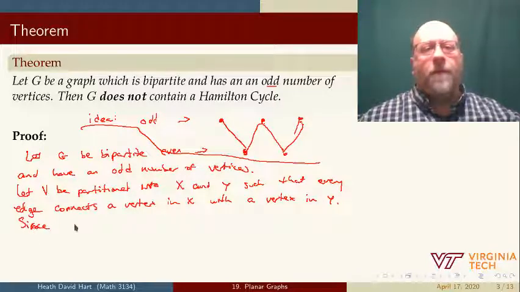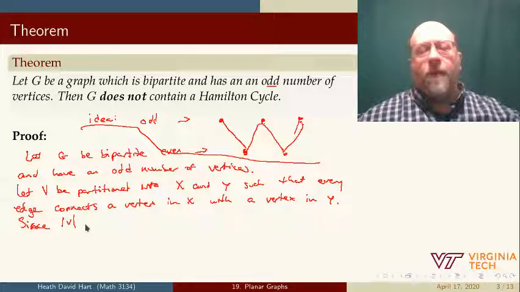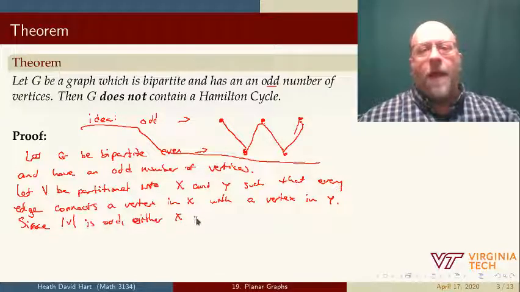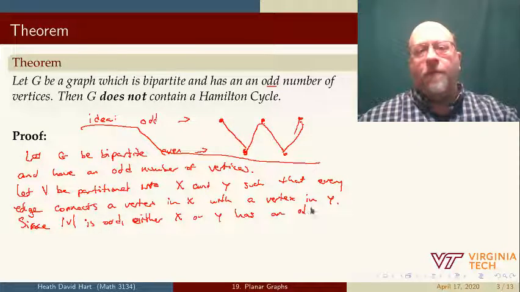Since the cardinality of V is odd, one of these sets, either X or Y, has an odd number of vertices.